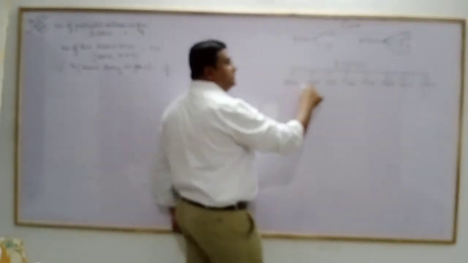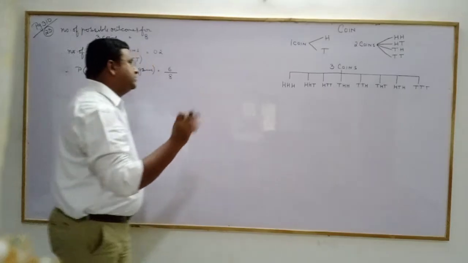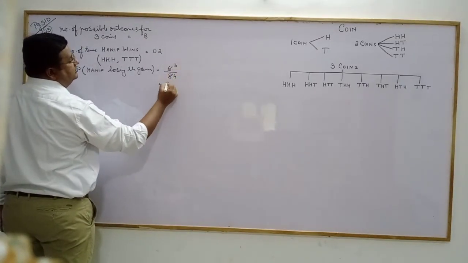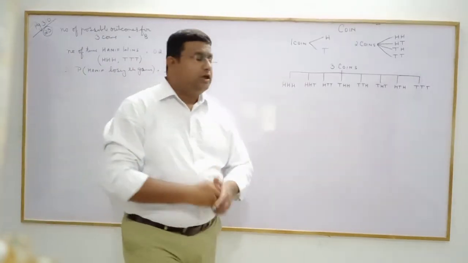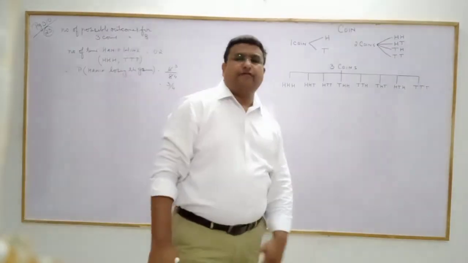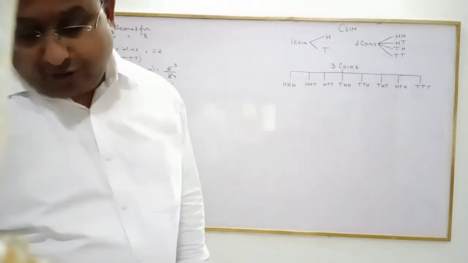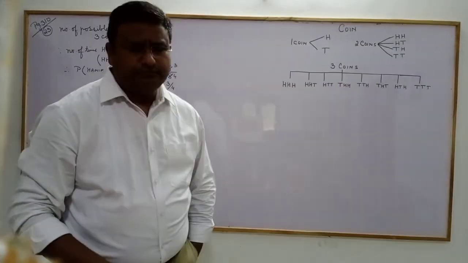Any of these 6 results, 1, 2, 3, 4, 5, 6. Hanif will lose the game 6 out of 8. So 2 3s are 6, 2 4s are 8. That is 3 by 4. Any confusion? So several questions can be framed on coin. Clear? It can be 1 coin, it can be 2 coins, it can be 3 coins. Correct?